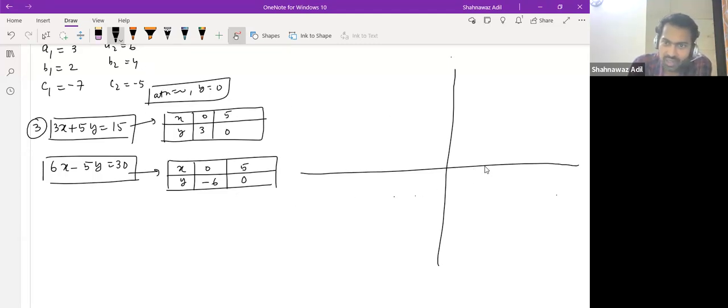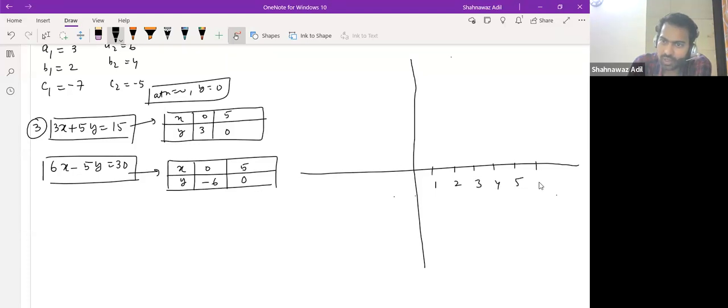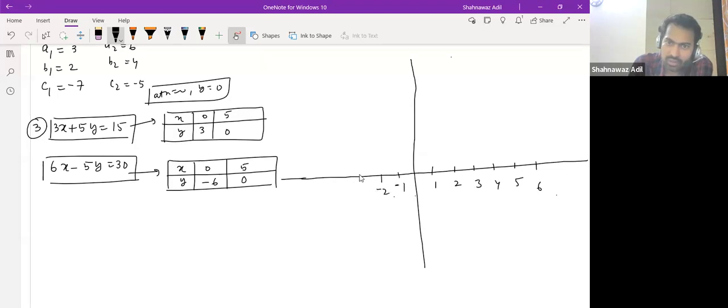This is not a straight line. Again, not a straight line. So 1, 2, 3, 4, 5, 6, and minus 1, minus 2, minus 3, minus 4, minus 5, minus 6.